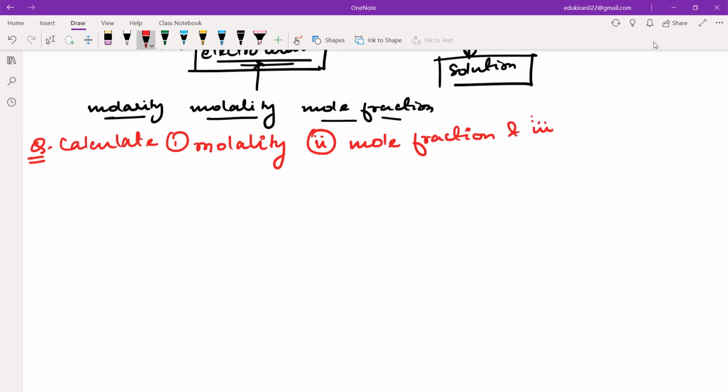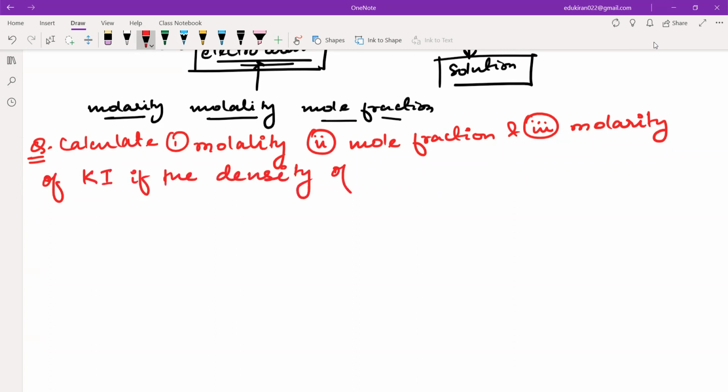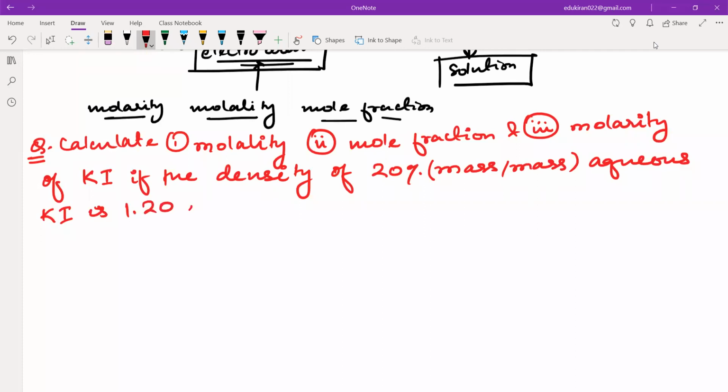And molarity of KI if the density of 20% mass by mass aqueous KI is 1.20 grams per ml. Write this question with me, Rayan.